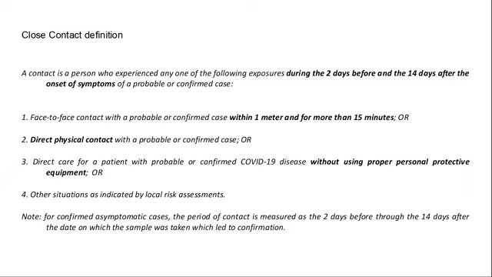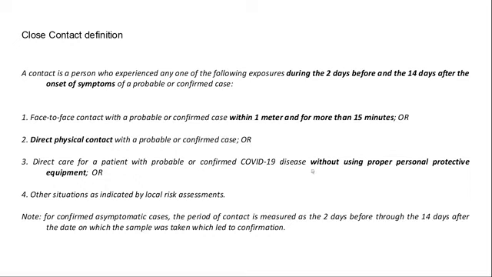So also you need to know who you consider a close contact. A close contact is a person who has experienced any of the following exposures during the 2 days before or 14 days after the onset of symptoms of a confirmed or probable case. So if you are working in a hospital and have direct physical contact, that's a positive contact definition.